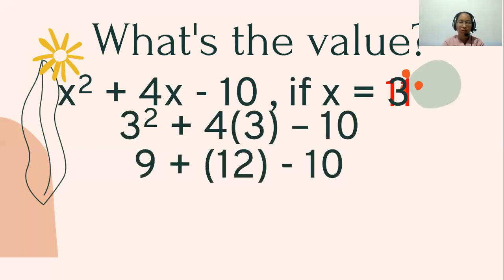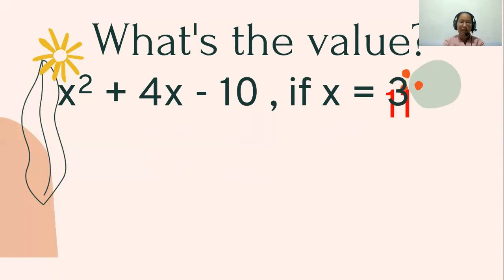So how did it happen? Substituting x is equal to 3, we will have 3 squared plus 4 times 3 minus 10. Since 3 squared means multiplying 3 twice, we'll have 9. And 4 times 3 is equal to 12 minus 10. Performing the operations on these 3 numbers, we have 11 as the value of the expression.